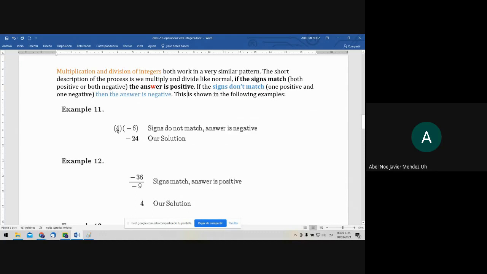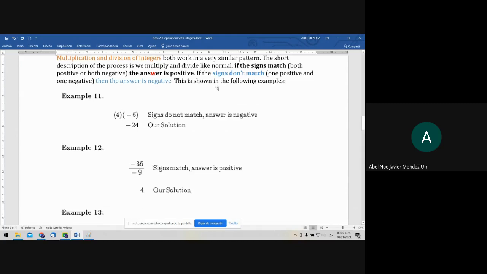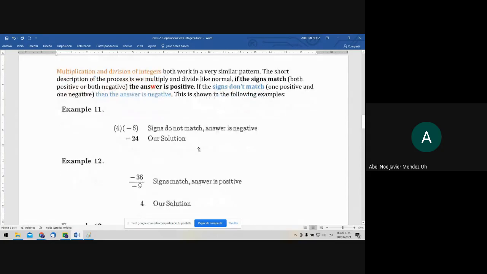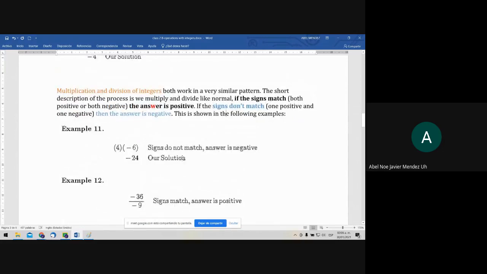Okay, that means that it is a multiplication of two numbers with different signs. If the signs don't match, like in this case, 4 times negative 6, the signs do not match. Okay, the answer is negative. The answer is negative.